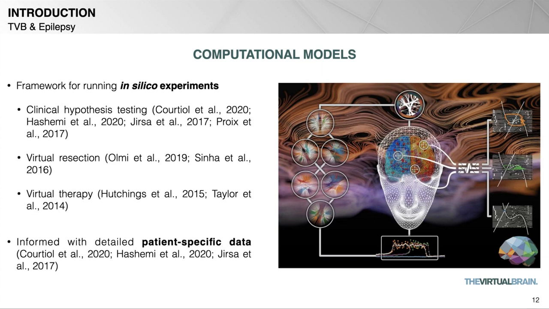So computational models can provide a framework for running in silico experiments to evaluate clinical hypotheses, for example, on the localization of the epileptogenic zone, and perform systematic virtual resections to reveal the best surgical strategy. It can also be used for new approaches to prevent abnormal brain functions by the manipulation of the parameters of the network and of the dynamics.